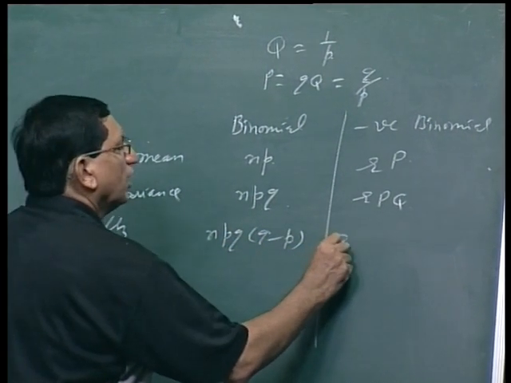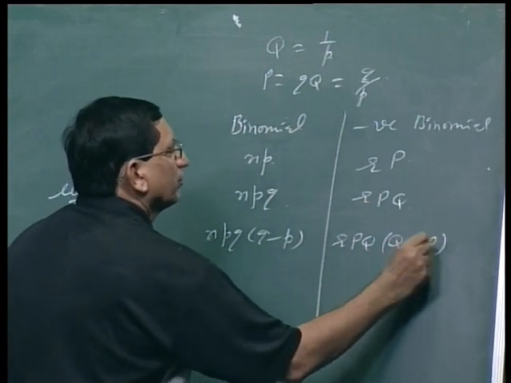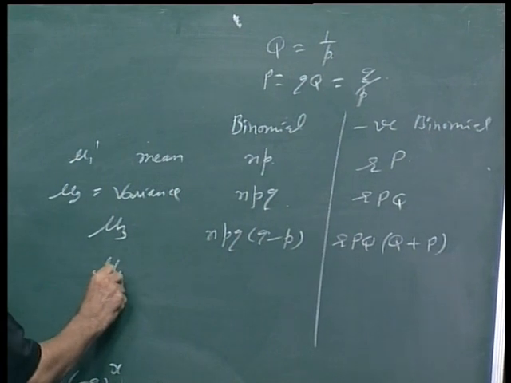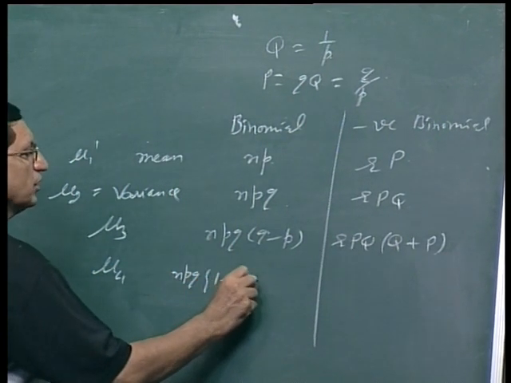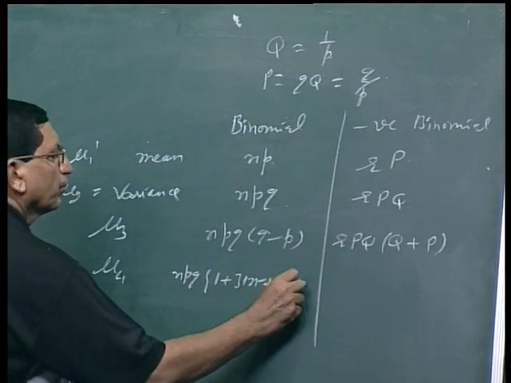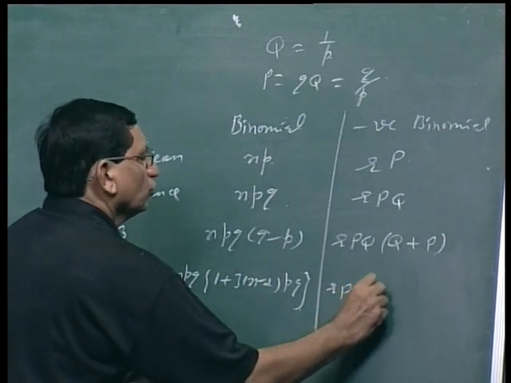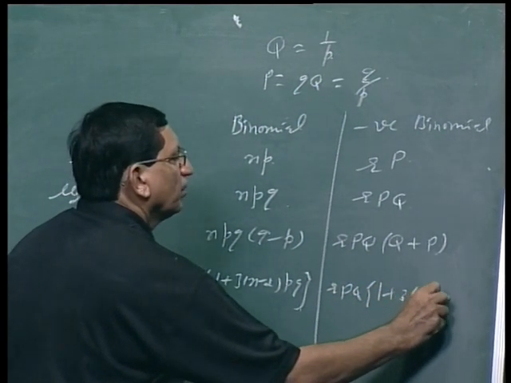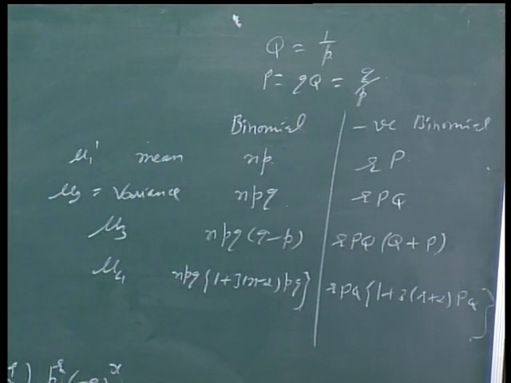Here it is rPQ into Q plus P. Mu4, if you remember, it was npq into 1 plus 3 into n minus 2 pq. Here it is rPQ into 1 plus 3 into r plus 2 into PQ.